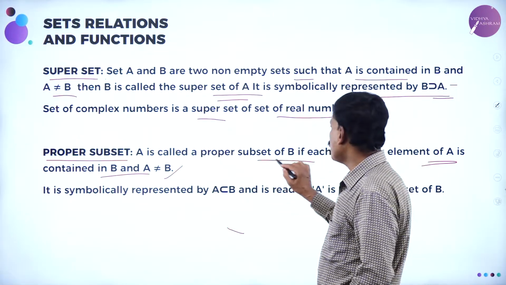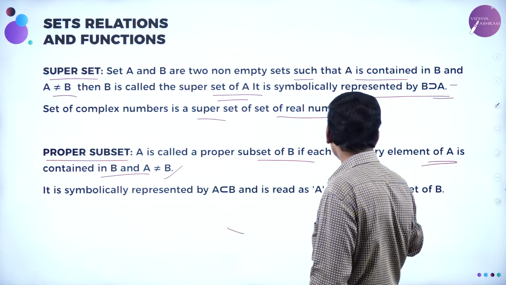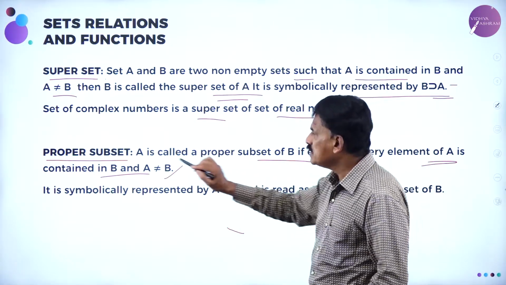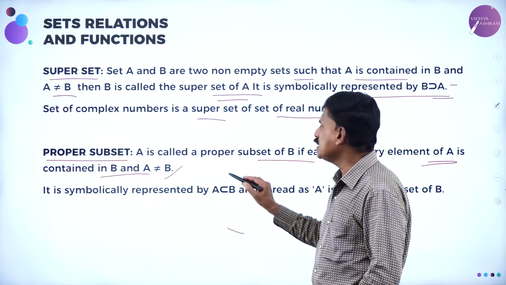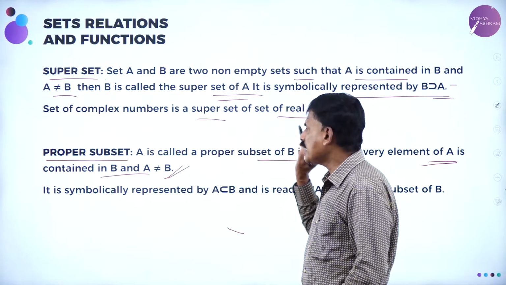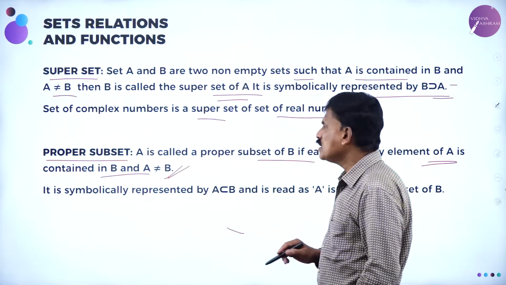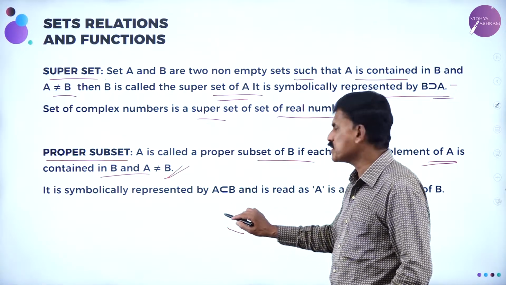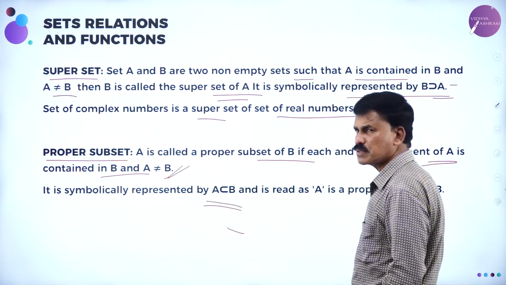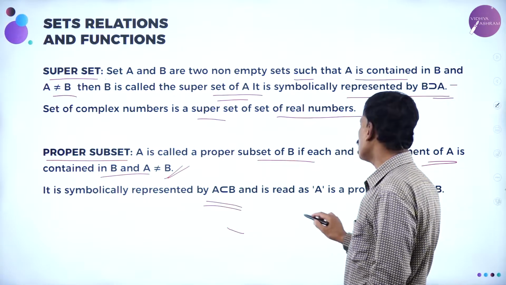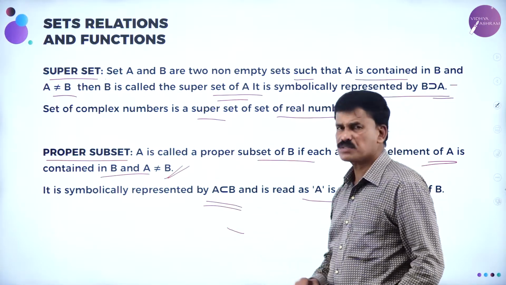Symbolically, the proper subset is denoted as A is the proper subset of B.